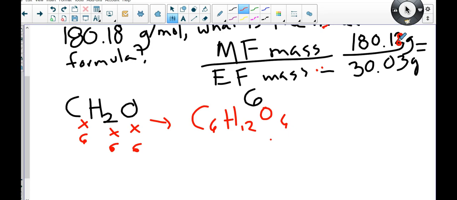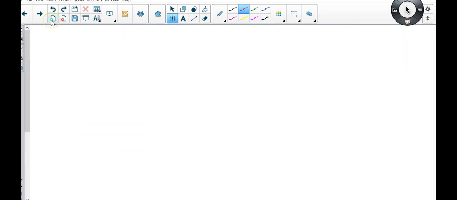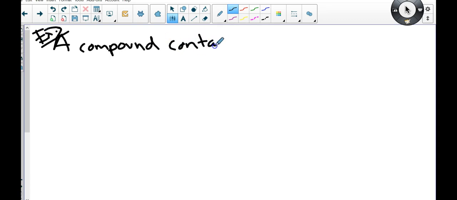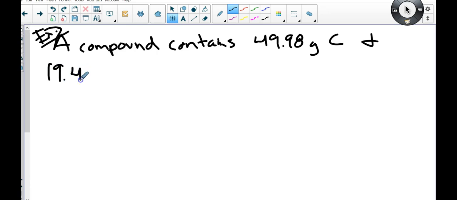So on your notes paper, let's do a whole one. Example 2. A compound contains 49.98 grams carbon and 19.47 grams hydrogen.